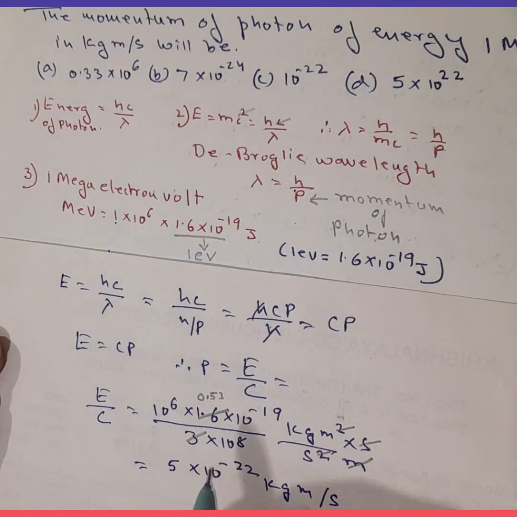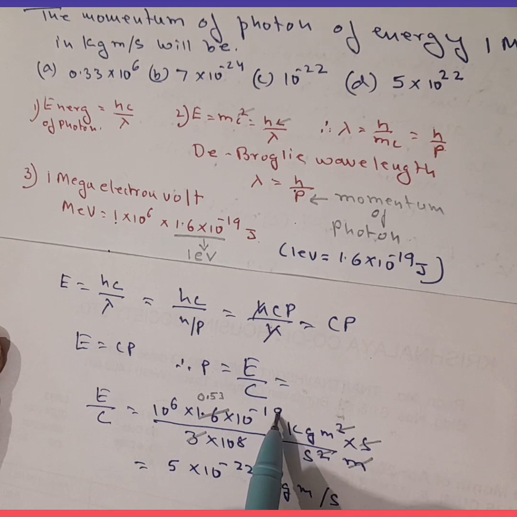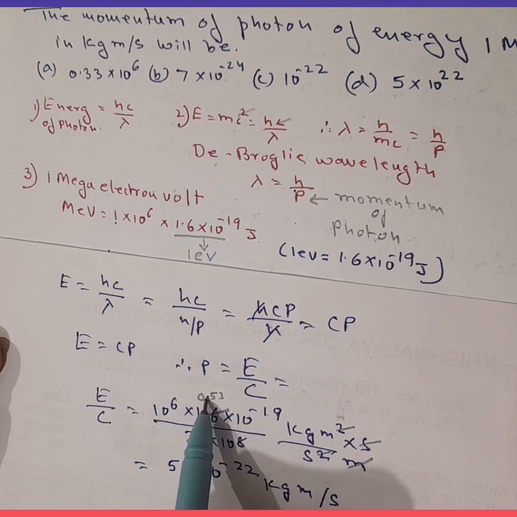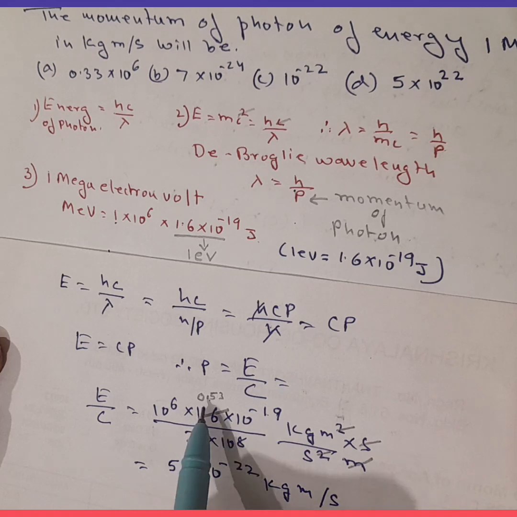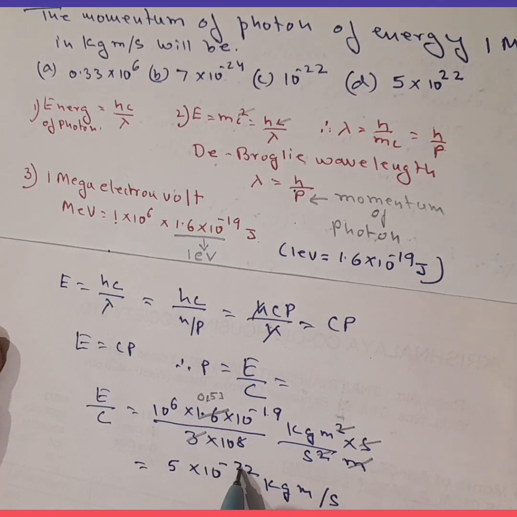Why minus 22? Because this goes up, forms minus 27. After forming minus 27, this plus 6, so it becomes minus 21, and this we have shifted over here, so that decimal also is added over here. Because 0.5, if I want to write 5, then it would be 5 divided by 10, so that 10 climbs up over here, so it becomes 10 raised to minus 22. 5 into 10 raised to minus 22 kg meter per second is our answer.